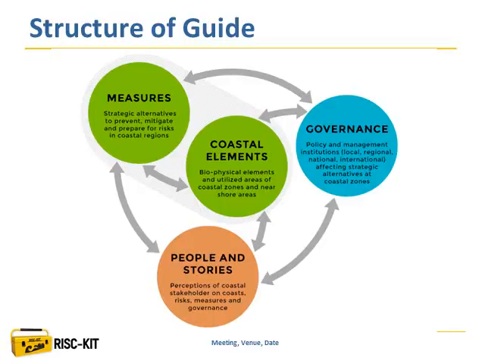But of course all these measures are embedded in a governance system, policy, and management institutions, and they are also affected and undertaken by people and their stories, or the perception of coastal stakeholders on the coast, on risk, on measures, and on governance.